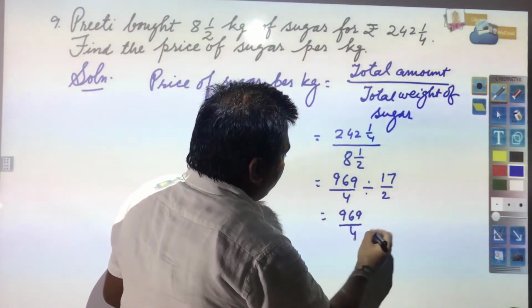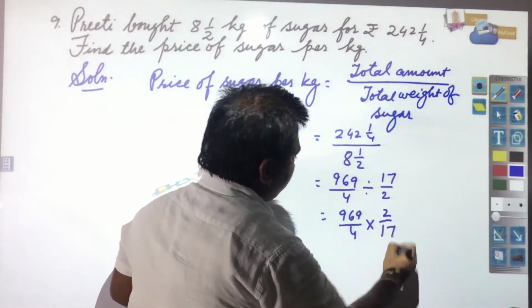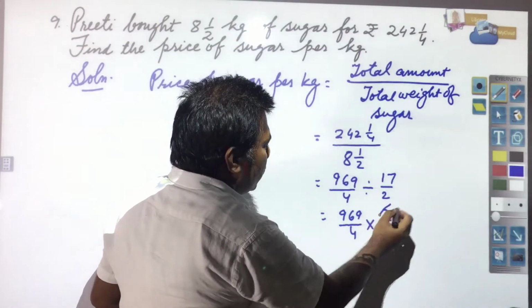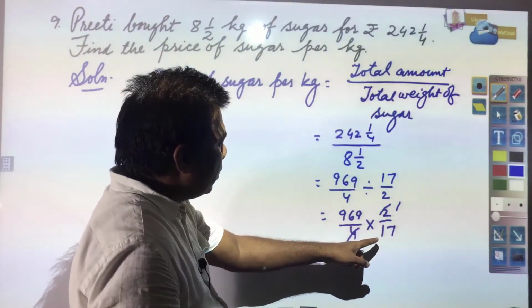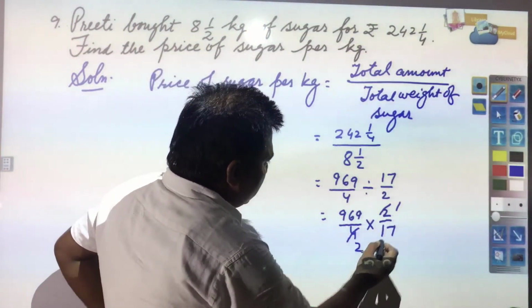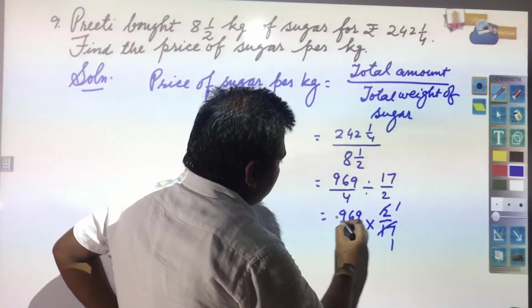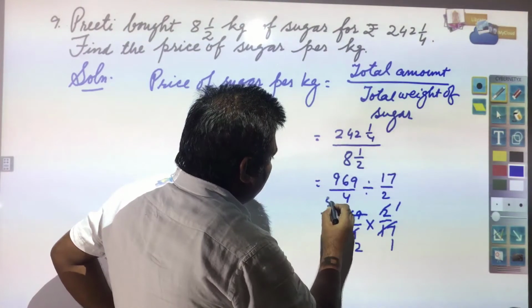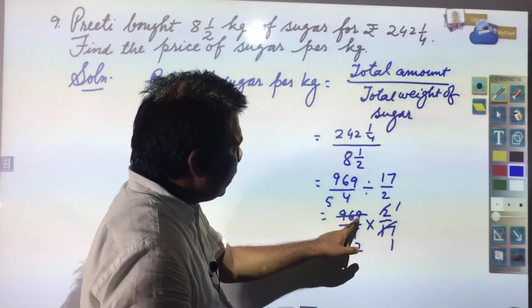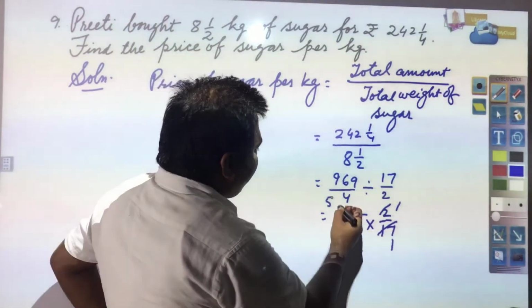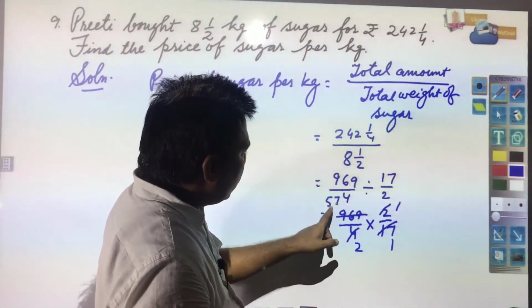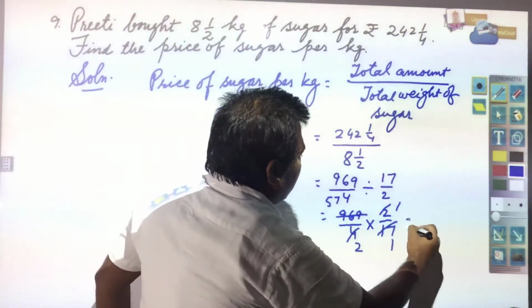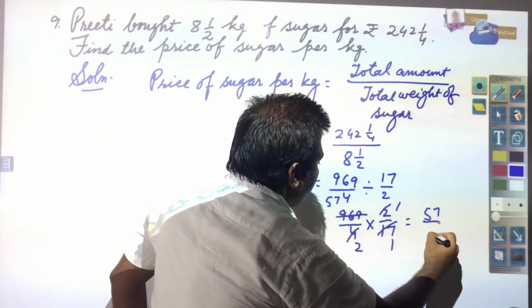969 divided by 4, into 2 by 17. Here you see 2 ones are 2, 2 twos are 4. Now, this can be cancelled. 17 ones are 17, 17 fives are 85. So, 11 you have, 17 sevens are 119. So, you are left with 57 by 2.